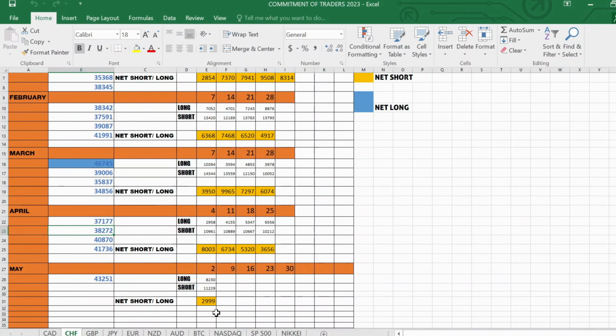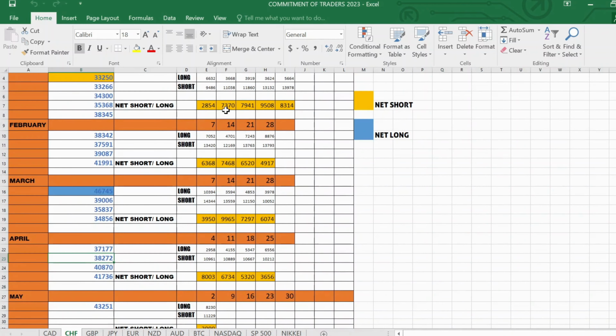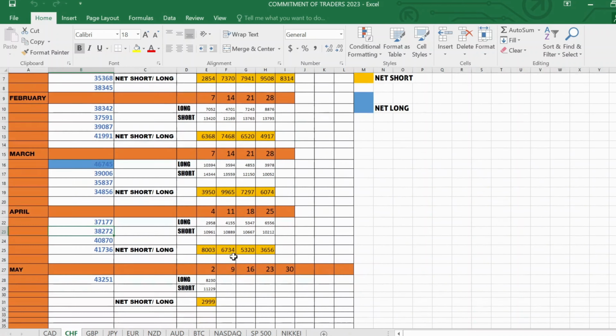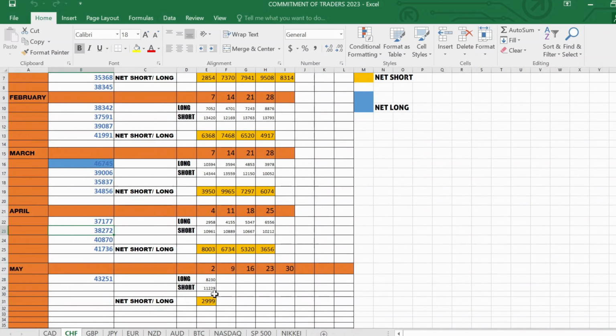So if this difference again is low, for example, for the CHF, you can see since the beginning of the year, the CHF has been net short. The blue color all through, 2800 was the lowest net short, and again we are back at the same net short difference, among one of the lowest.